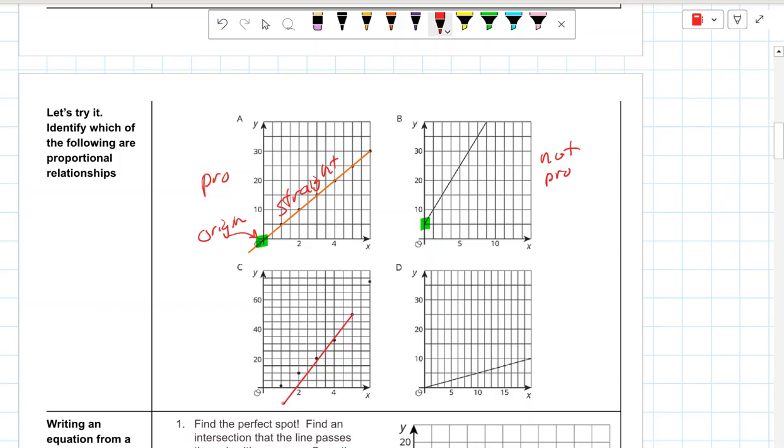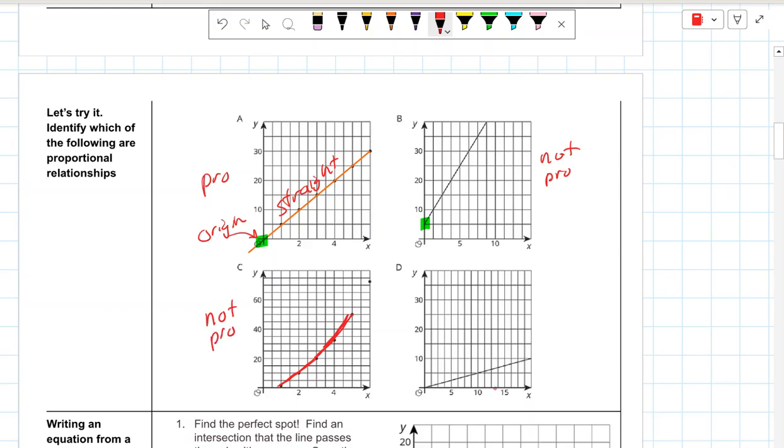You can see I can't do it because as I move, I'm moving off of others. So there's no way to draw a straight line here. So what can be drawn though is I can connect them all one by one with straight lines. There's a straight line, straight line, straight, and straight. And that looks like a curve now. And that's not straight, nor is it going through the origin. So this is another not proportional relationship.